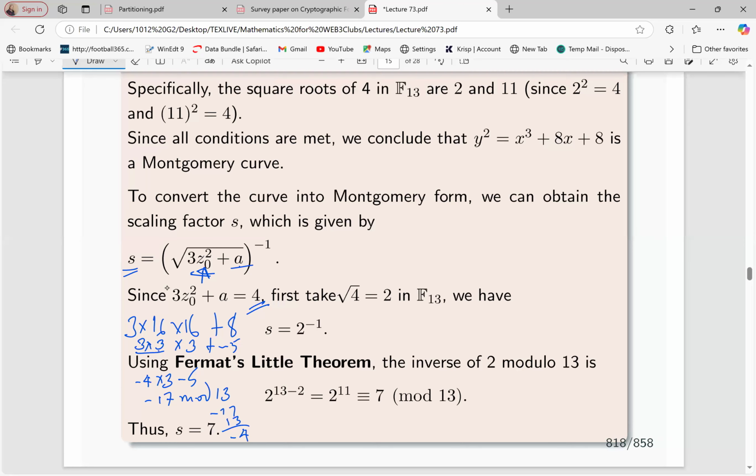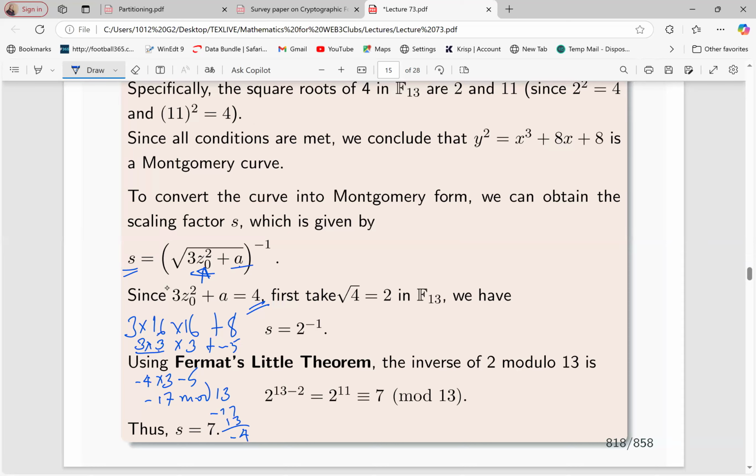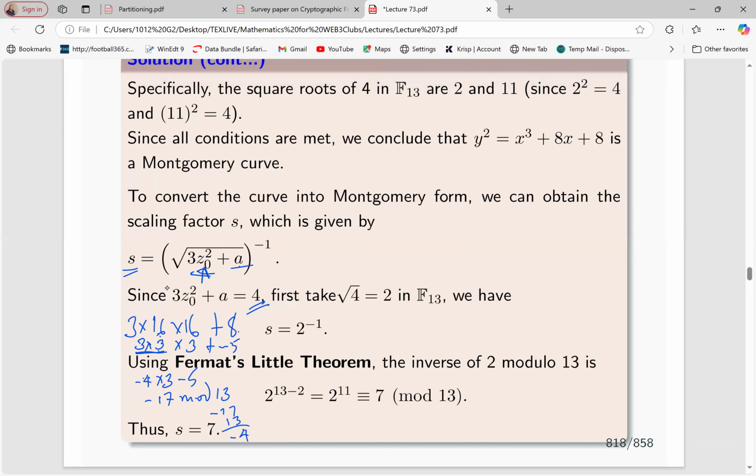Okay, let me just check again. This 16 mod 13 is 3. Then this is negative 5. So this is 9. I think 9 mod 13 is negative 4, when you subtract 13 from 9. Yes. Then times 3, then plus that. How was I getting this? Negative 12, negative 17.